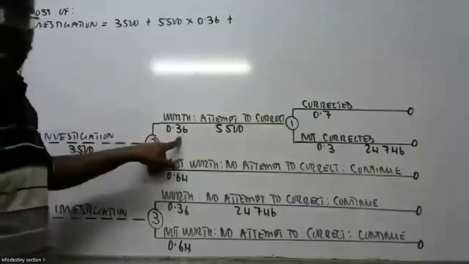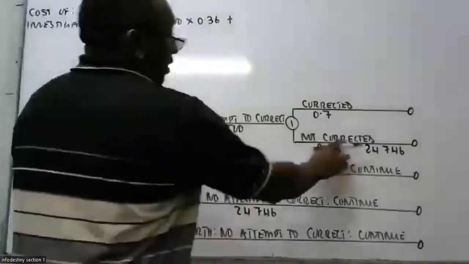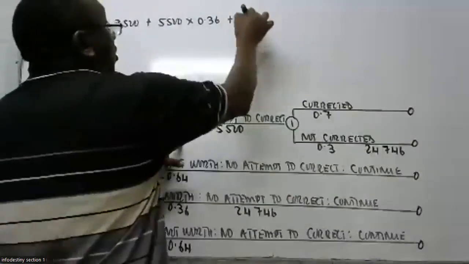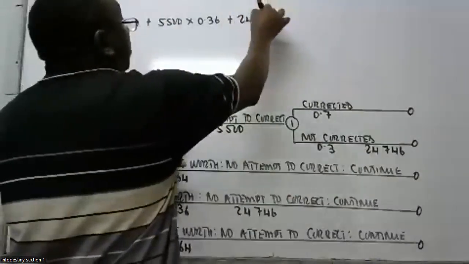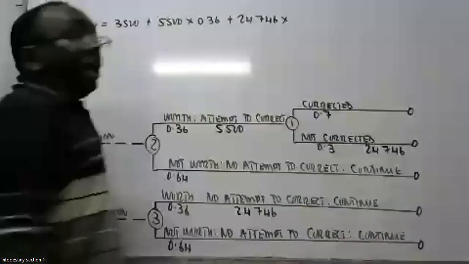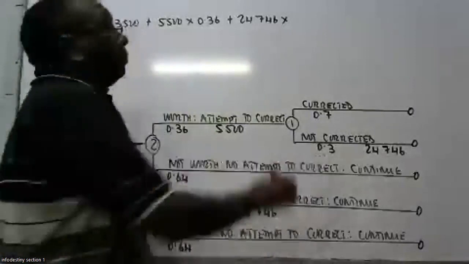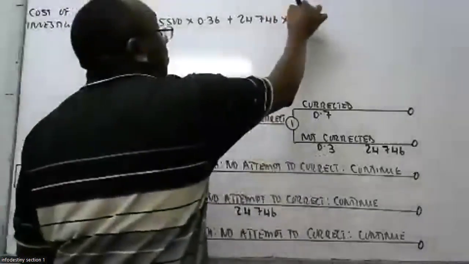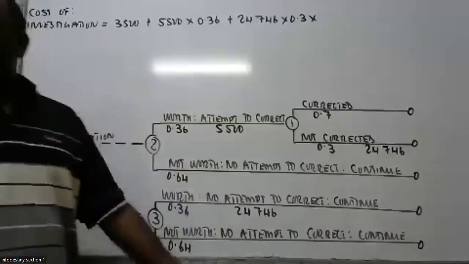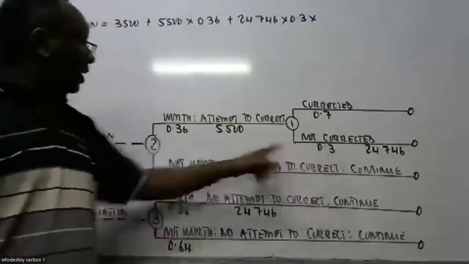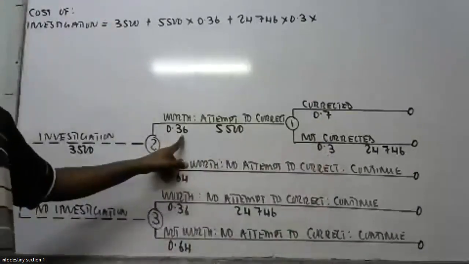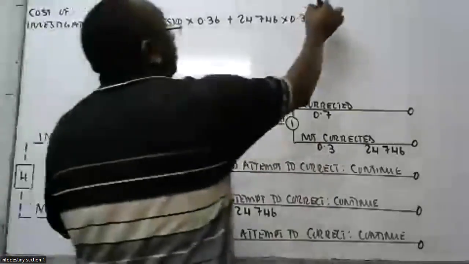Then if they remain uncorrected, it is 24,746. And that one, it is just 30% that will not be corrected. And you must remember that this 30% is of this 36%. So that 0.36 still applies there.